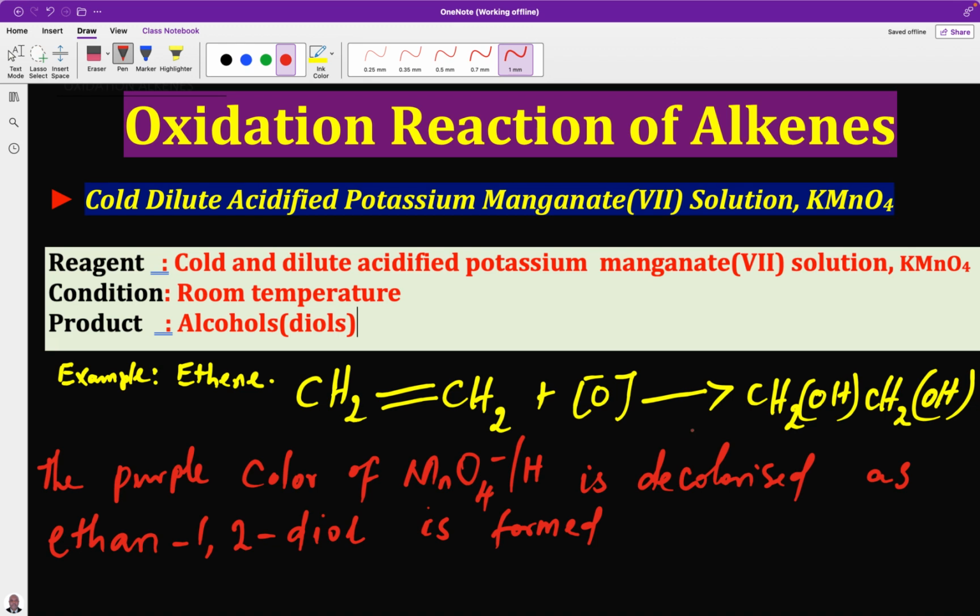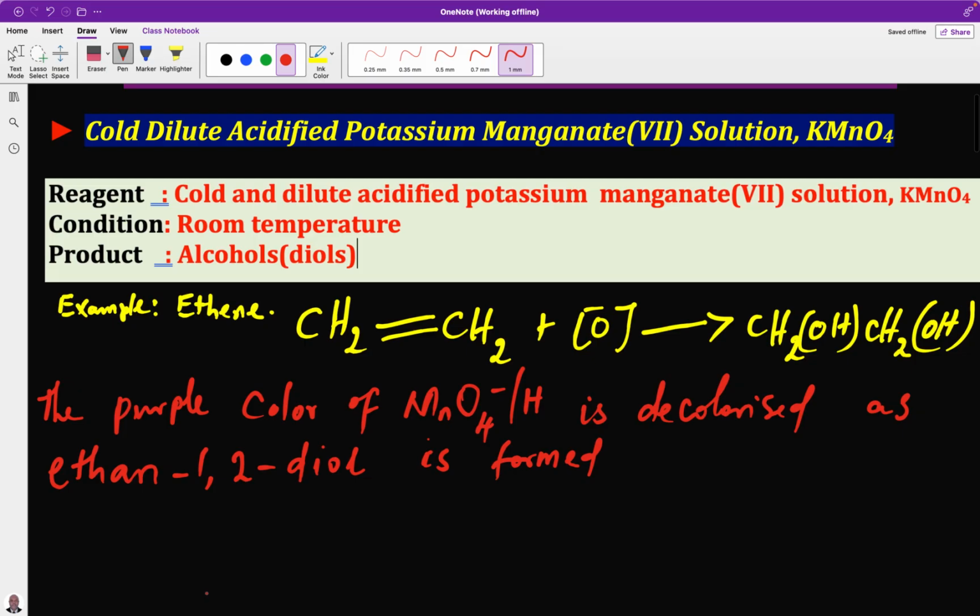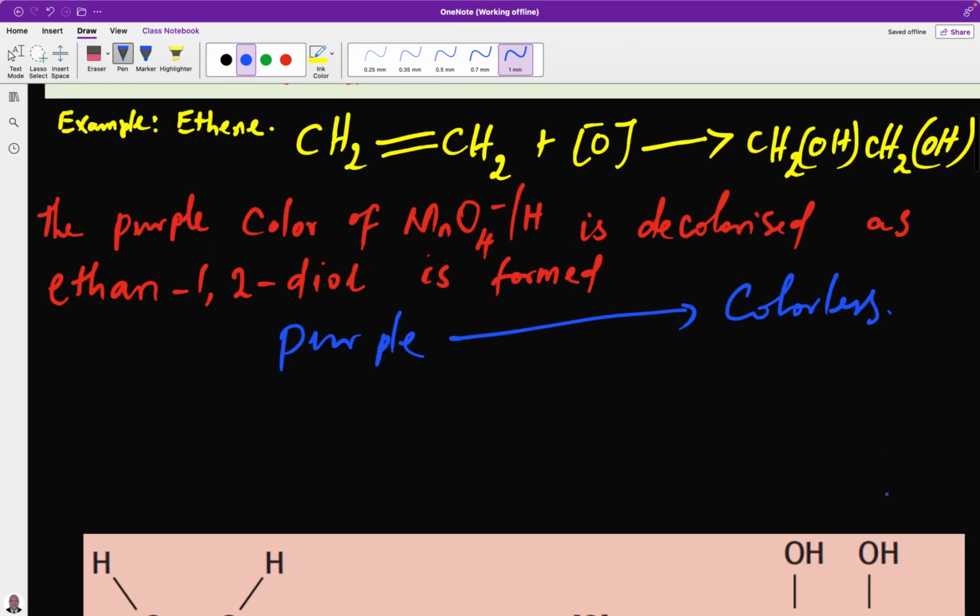So the purple color, when this is added, will go from purple to what? Colorless. From purple to colorless. This is how the reaction is.